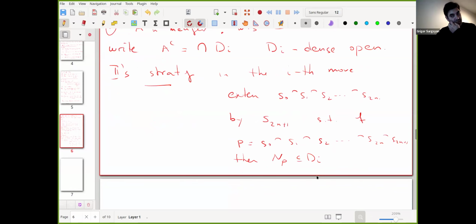You can always do it because it's a dense open set, and of course 2 wins now because whatever real you produce is going to be in the intersection of the Di's, so it will be in A complement, right?